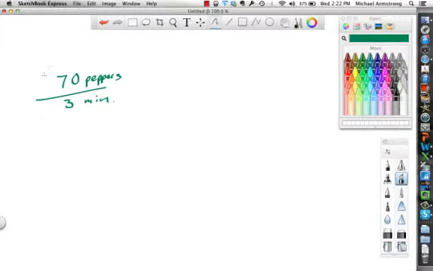This is a ratio, we're done right now, but if we wanted to change it to a unit rate, I could say, well, how many peppers does he eat in 1 minute? That's going to be a little bit hard because 3 does not go into 70 equally. 3 goes into 30 equally, and then it goes into 60 equally, but it doesn't go into 70 equally, so we'd end up having a fraction. Your book doesn't ask you to simplify this down to a unit rate.